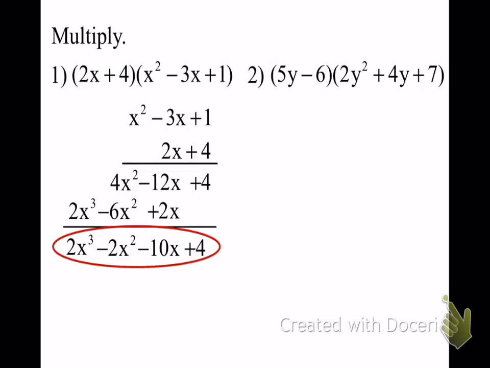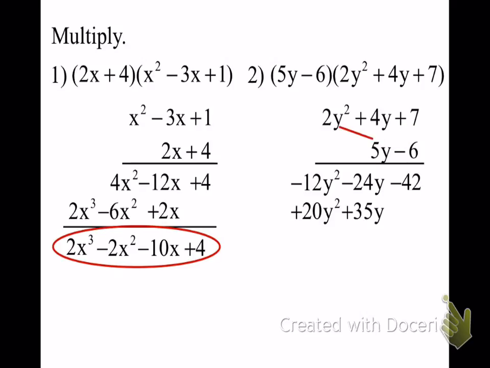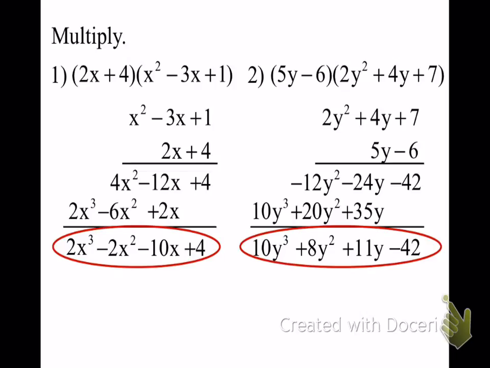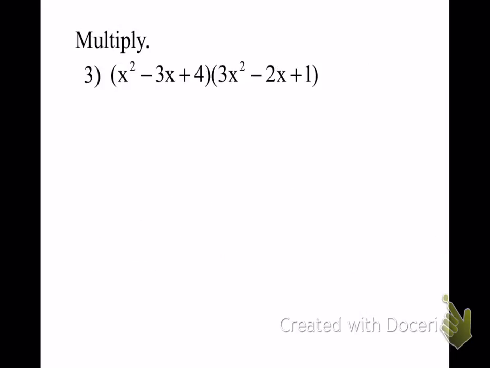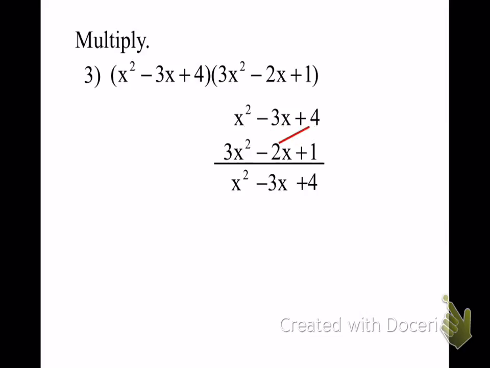Try another one if you want. Now try one with 3 and 3. It could be 3 and 3 and 4 and 4. We're doing the same thing. Now you add them up.